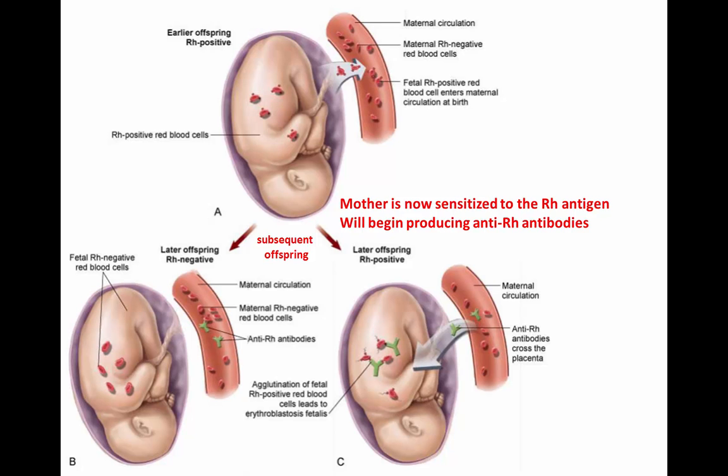To prevent this, women who are Rh negative receive an injection of a drug known as RhoGAM, which shields any Rh positive fetal cells that would sensitize her immune system into producing those anti-Rh antibodies. Subsequent Rh positive offspring would then be safe.